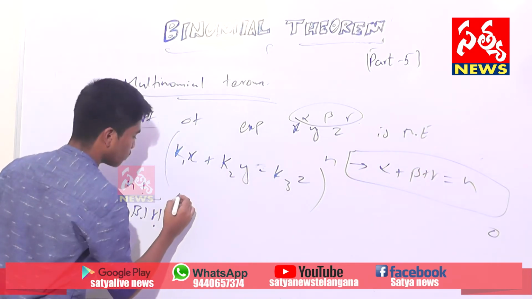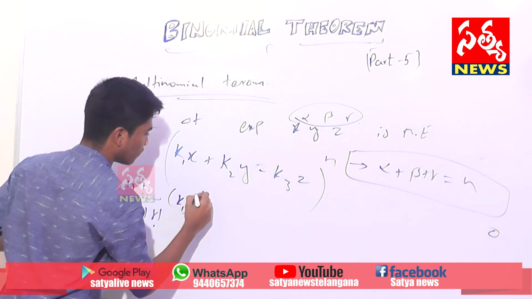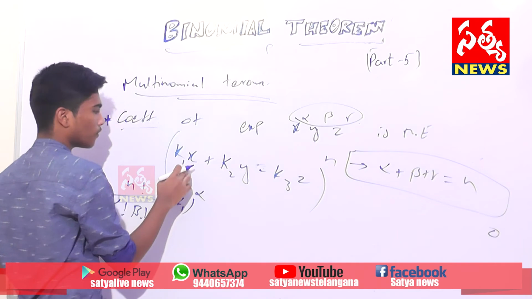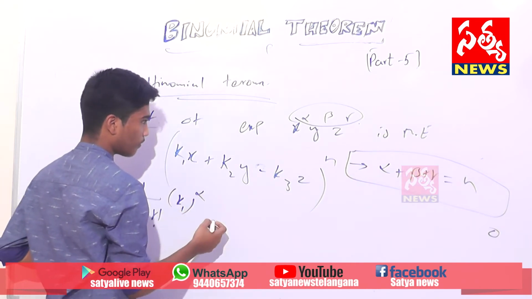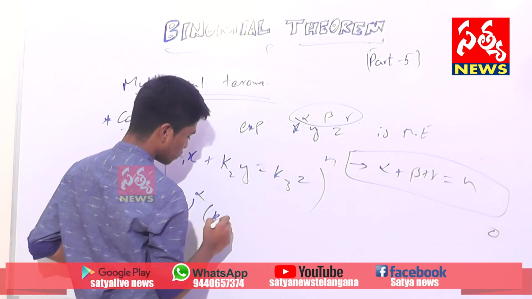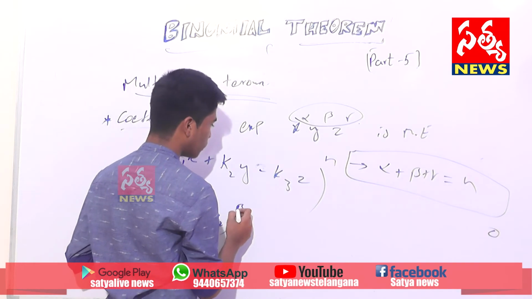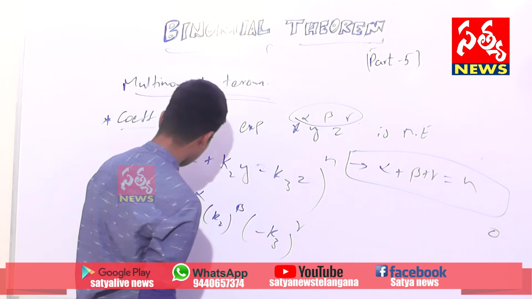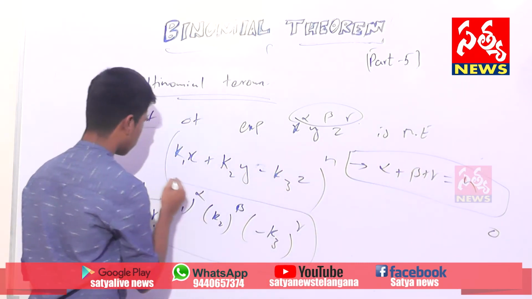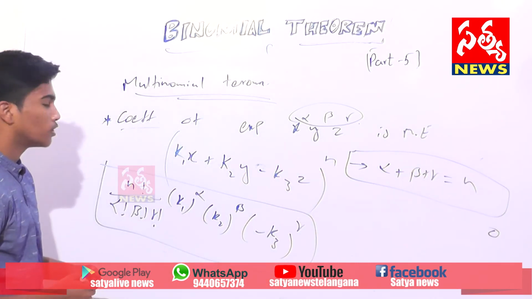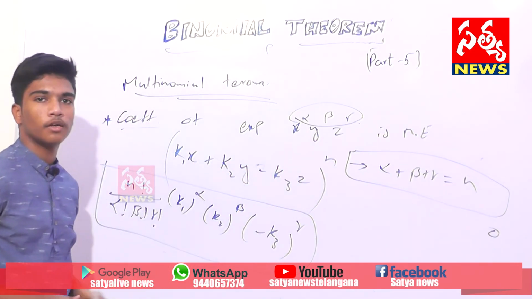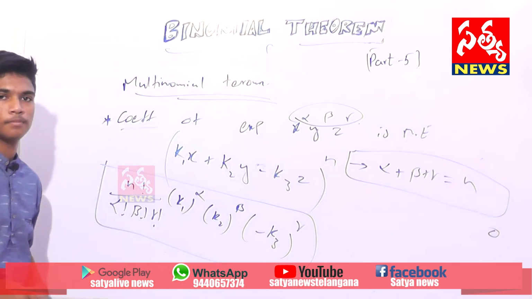So we get k1 power alpha, k2 power beta, and minus k3 power gamma. This is how we should calculate the coefficient of any multinomial term.